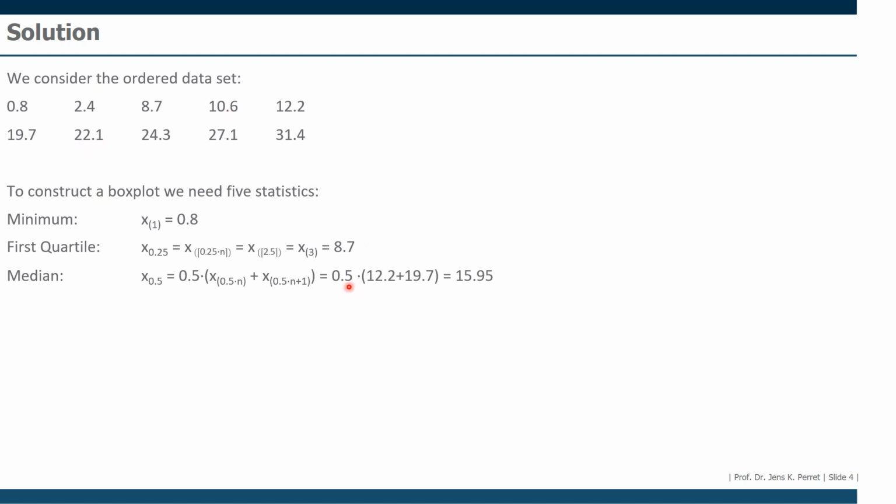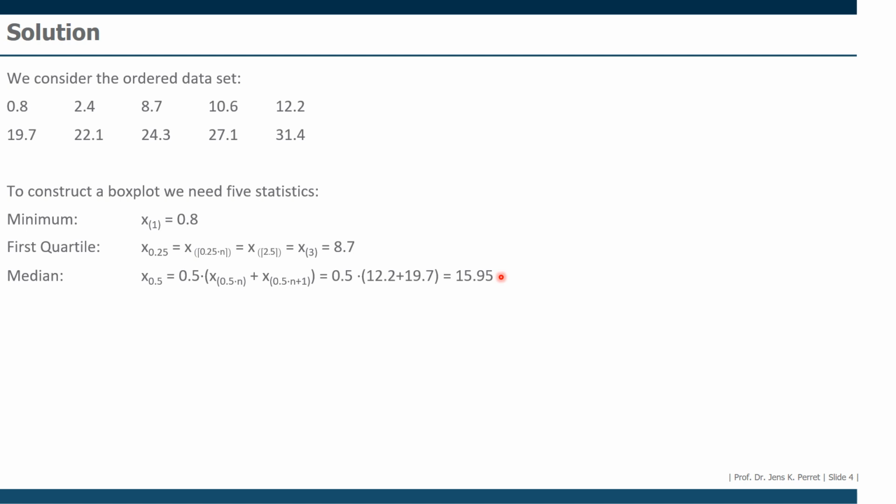I'm going to take the average of those 2. Or I could go via this formula: 10 observations, so 10 divided by 2 gives me 5, plus 1 gives me 6, so I'm going to take observation 5 and observation 6, adding them up and multiplying them with 1/2, which is exactly the same as taking, with an even number of observations, the 2 in the middle and getting the average of those 2. So here I get a median of 15.95.